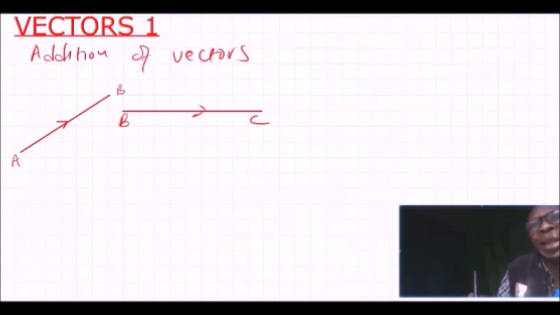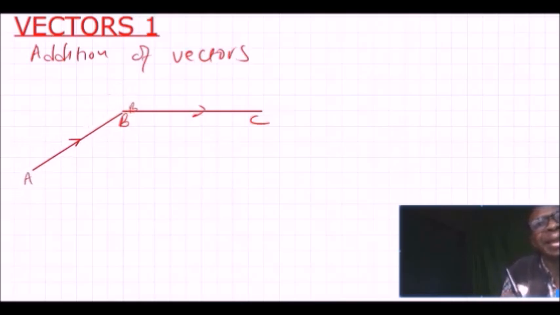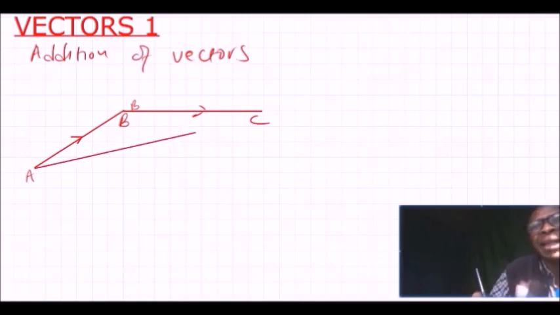So that's another vector. When you add vectors, you bring this vector here and put it there. So when you add two vectors, they form a vector from A to B to C. Then we have one vector which is a combination of the two.